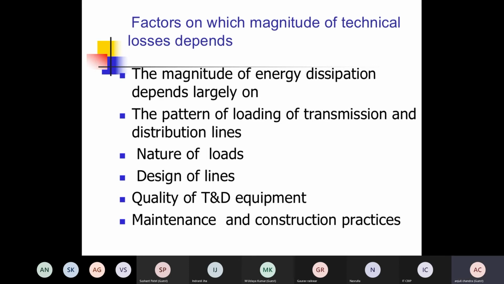For example, if your joint is not proper, there will be resistance and there will be more loss. अगर जॉइंट प्रॉपरली डन है तो रेजिस्टेंस कम हो जाएगी और आपका लॉस कम हो जाएगा. सो मीन्स कंस्ट्रक्शन प्रॉपर होगी तो आपका जॉइंट भी प्रॉपर होगा, उससे आपका लॉस कम होगा. अगर आपका कंस्ट्रक्शन प्रॉपर नहीं है तो आपका लॉस ज्यादा होगा. Is it okay? Yes, madam.